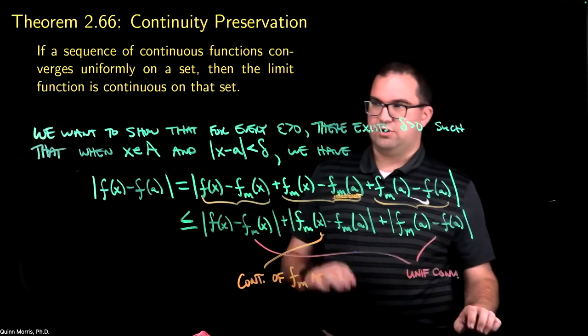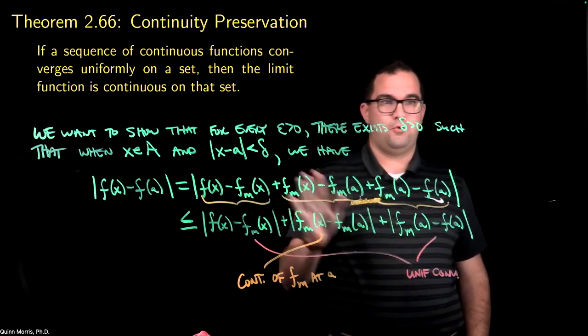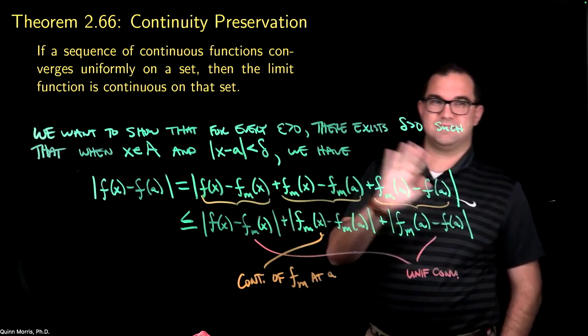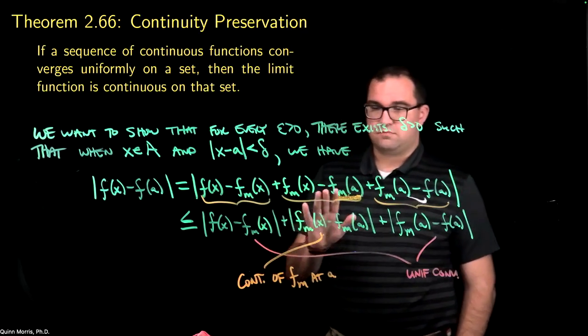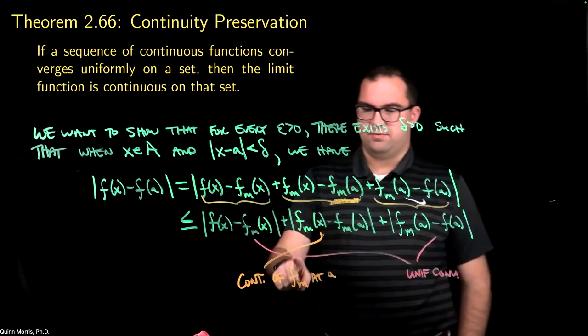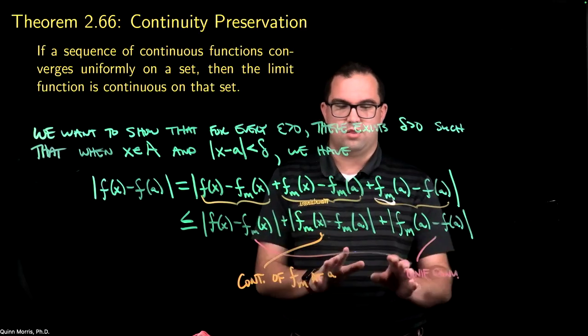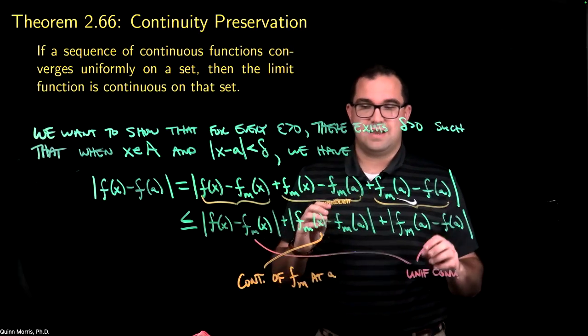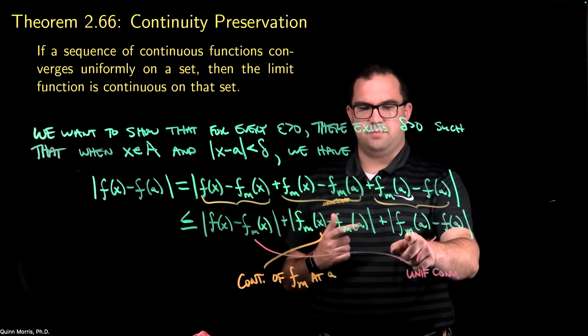So as I start a game plan, and again, this is not the proof yet. We'll wipe the board, flip over to a blank slate, and write the proof out in a minute. But the idea is that I should be able to use the continuity of f sub m and this uniform convergence to control all of these terms. The one thing I do have to be careful of is how to choose this f sub m.